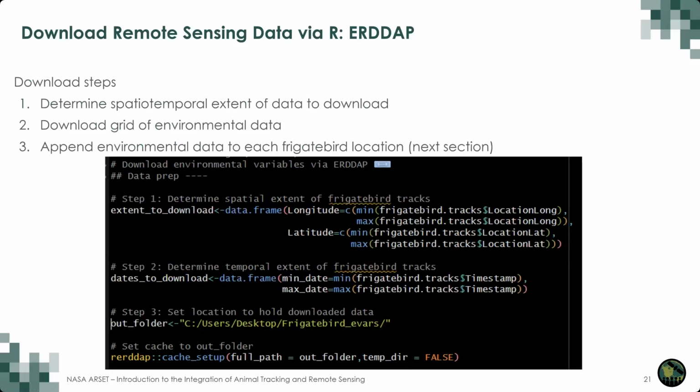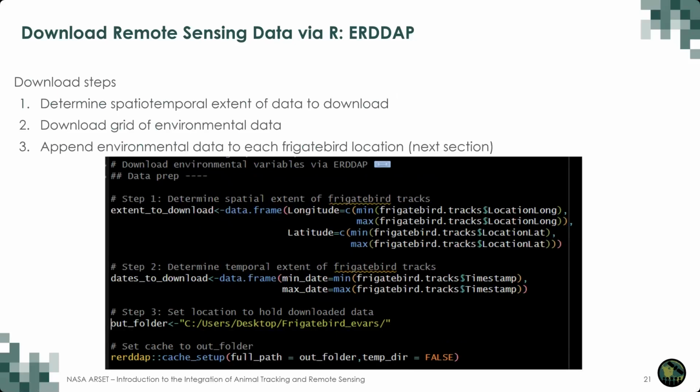And so the way that you would download these is, we're going to download a grid of the data so that you can return to it later, and I will show you what I mean by that. But first you have to figure out what the size and the extent of your grid is. And so right here I just made 2 data frames.